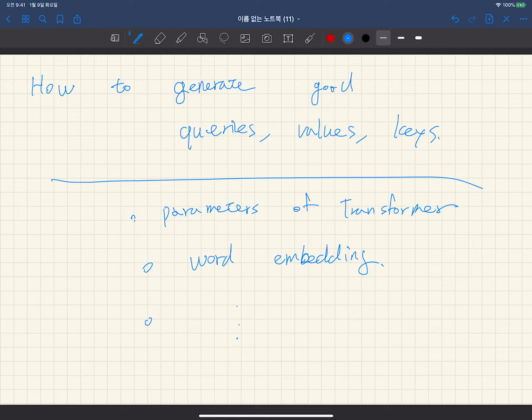And many parts will make nice good queries, values, and keys. But this is actually not an easy task. Making good queries, good values, and keys is not easy. Essentially, we need a lot of data and huge computations.